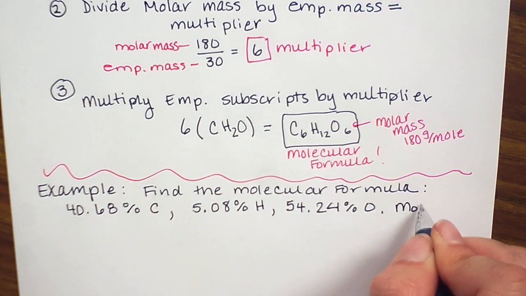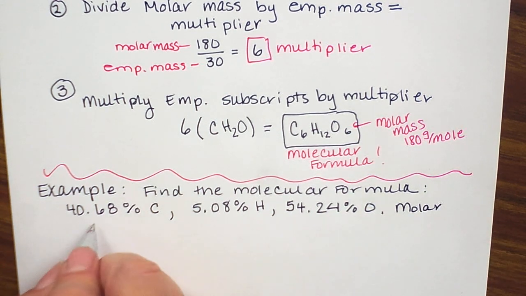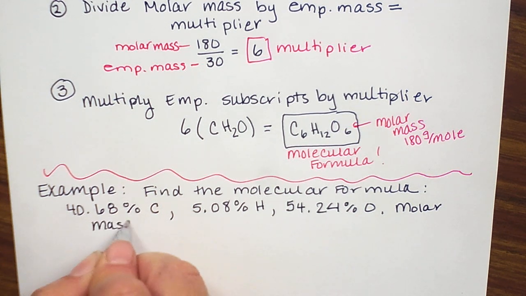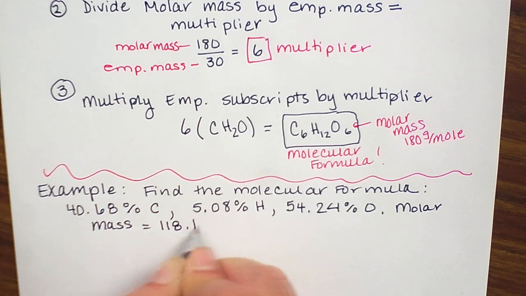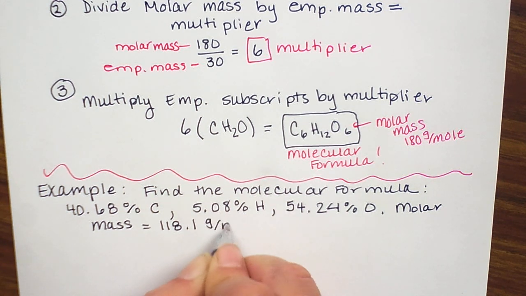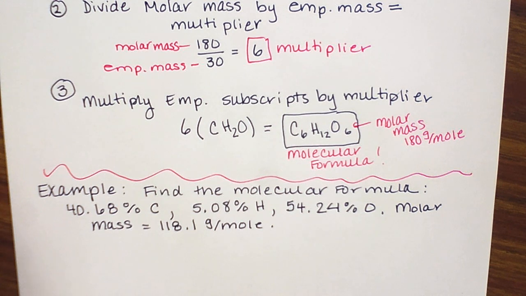Molar mass equals 118.1 grams per mole. We have to calculate the empirical and then the molecular. So here we go.